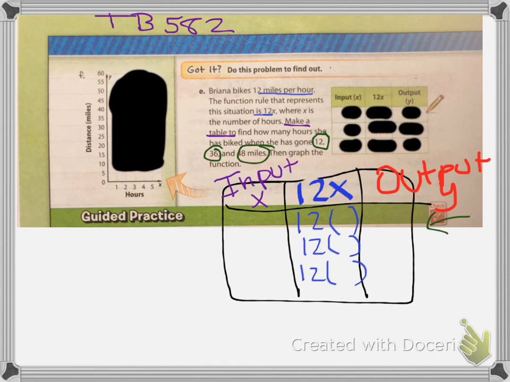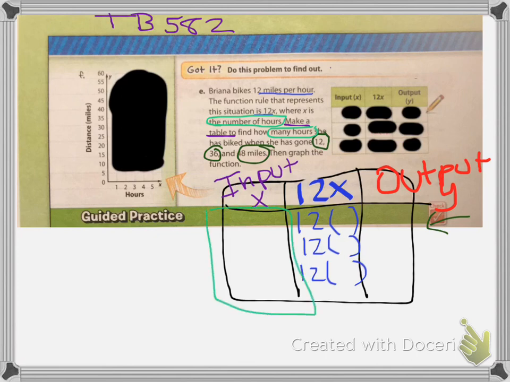The way that you figure that out is, let's go ahead and look here. It says the function, blah, blah, blah, where x is the number of hours. So x is the number of hours, and it says make a table to find out how many hours. So what that means is you're solving for this section here.